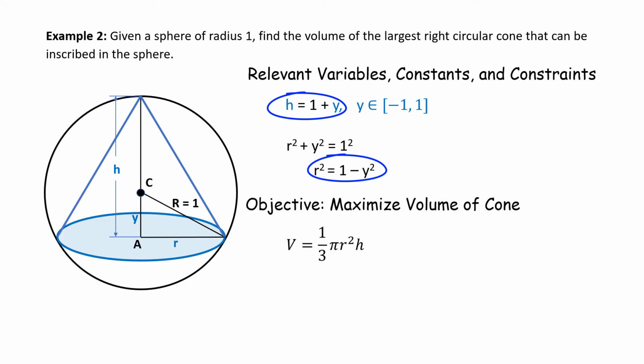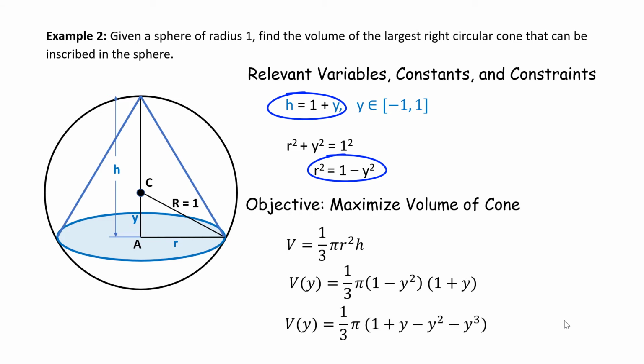Making those substitutions, we get V of y equals 1/3 pi times the quantity 1 minus y squared, times the quantity 1 plus y. Let's multiply the terms out, and we'll end up with V of y equals 1/3 pi times the quantity 1 plus y minus y squared minus y cubed, with a domain that y is between -1 and +1 inclusive.